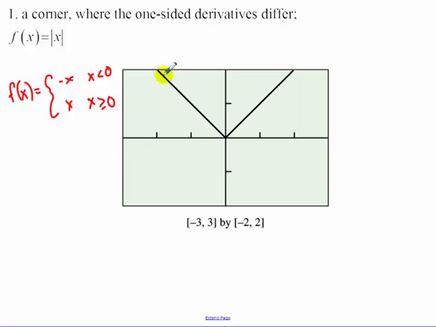Well, the slope of the line y equals negative x is negative 1 versus the slope of this line is going to be positive 1. So that's why we're not going to be able to take our derivative at x equals 0.